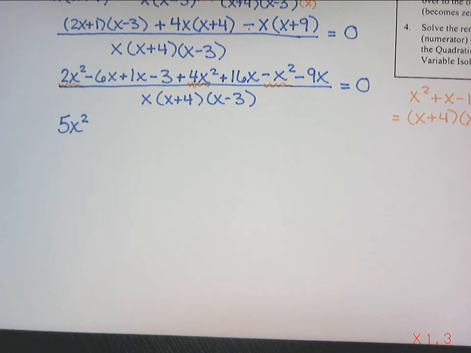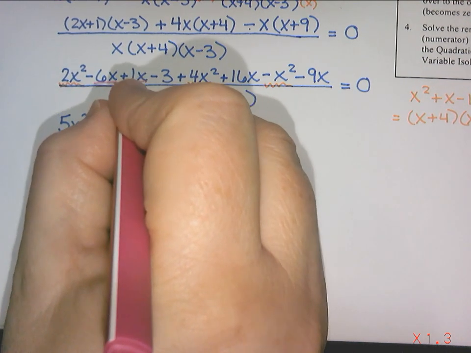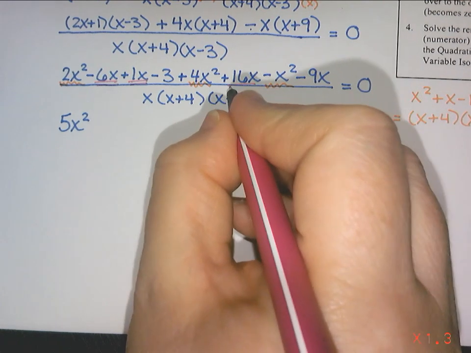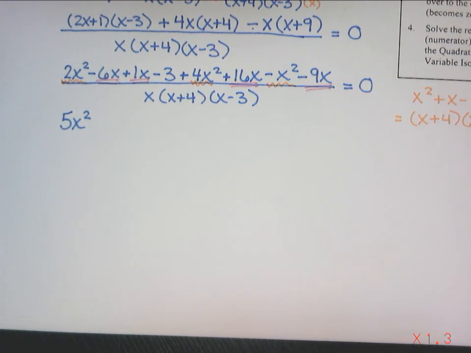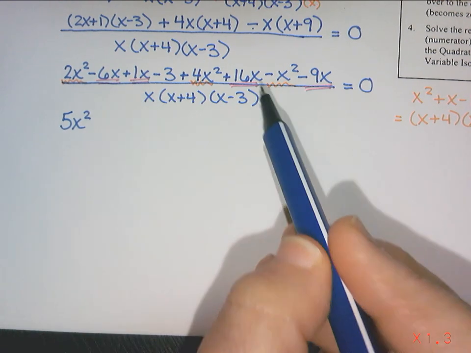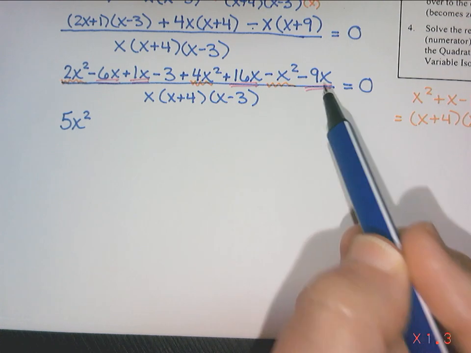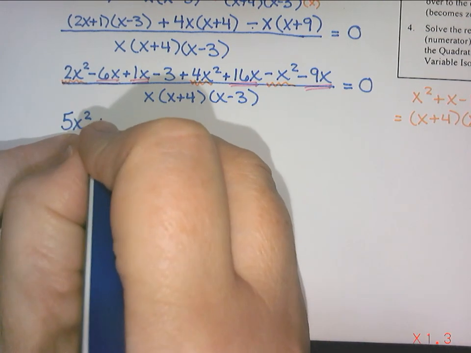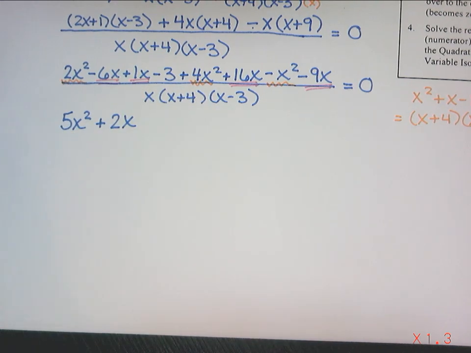And then we have minus 6x plus 1x plus 16x minus 9x. So that is going to give me negative 5, and then that would be 11, and then that would be 2. So plus 2x. And I am just going to double check.